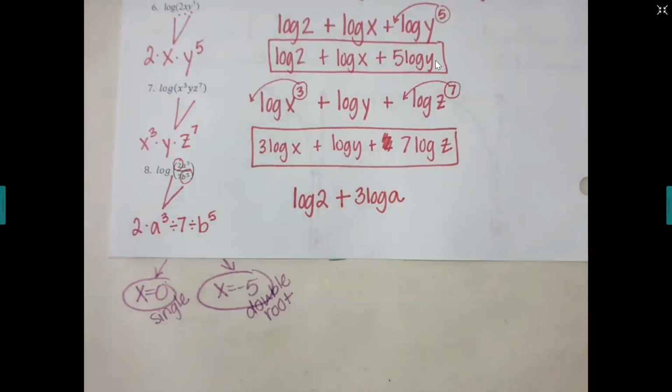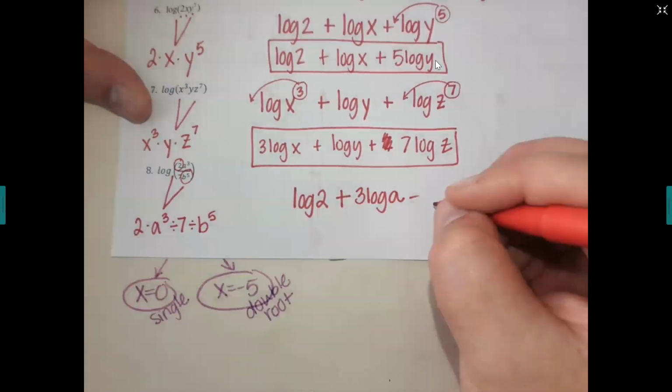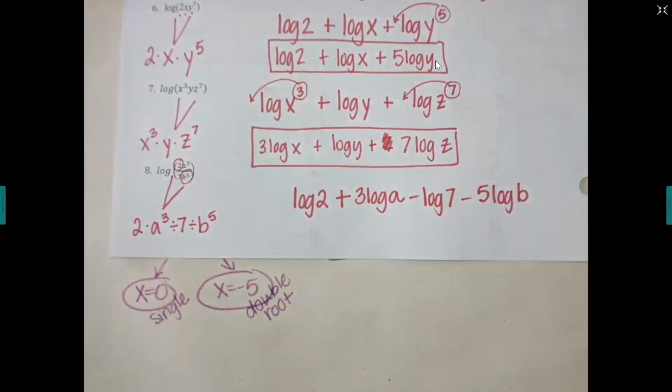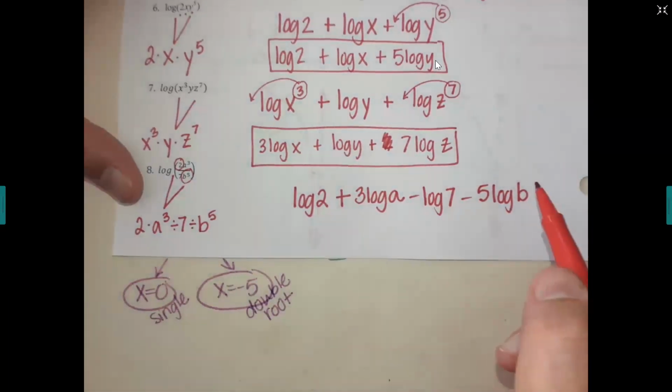Next one, log 7's coming up, minus log 7, minus 5 log B. So those exponents originally were up top, but we're moving them to the front based on that property number 3. Does that all make sense?